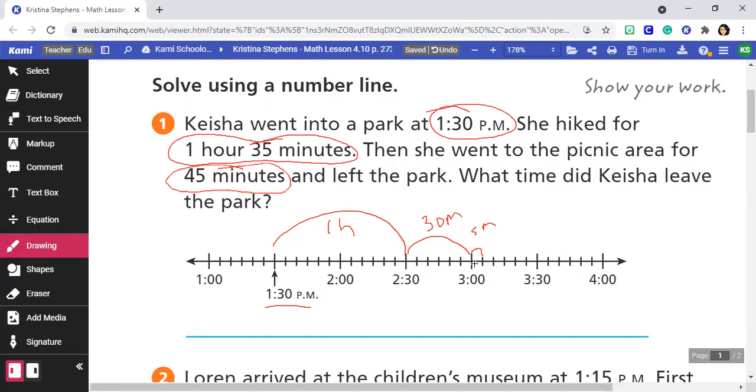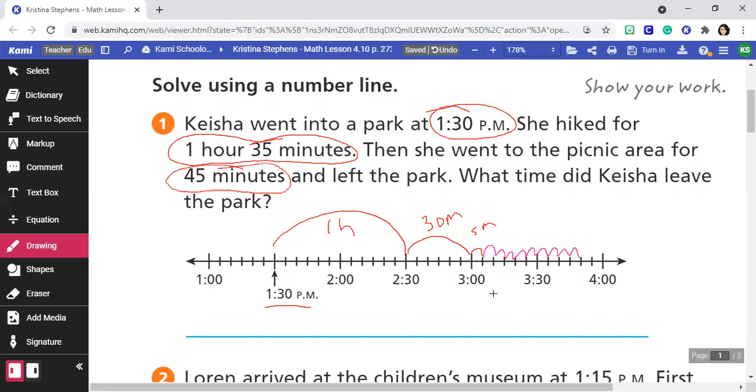I'm going to skip count by fives just to keep it simple because I don't know if I would be able to do that 15-minute jump since we're not exactly at 3 o'clock. It's right now 3:05. So here I go. 5, 10, 15, 20, 25, 30, 35, 40, 45.